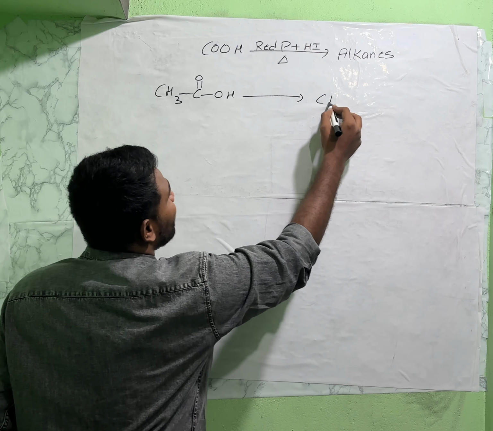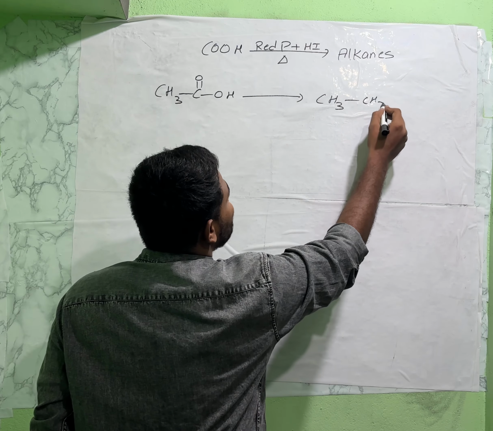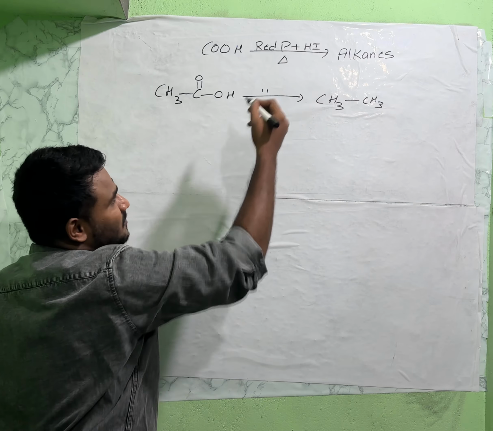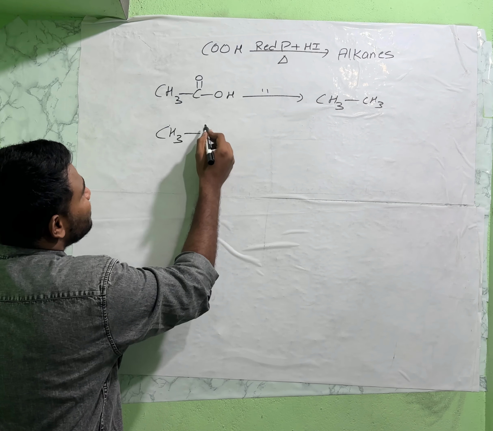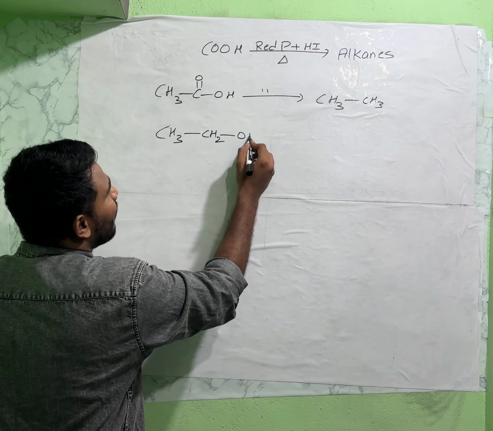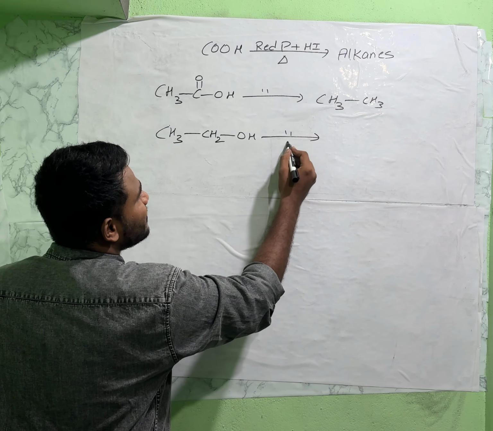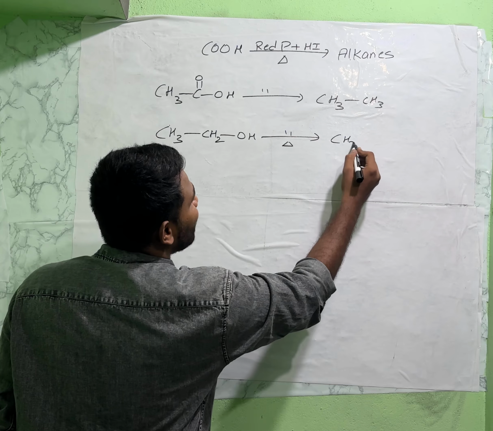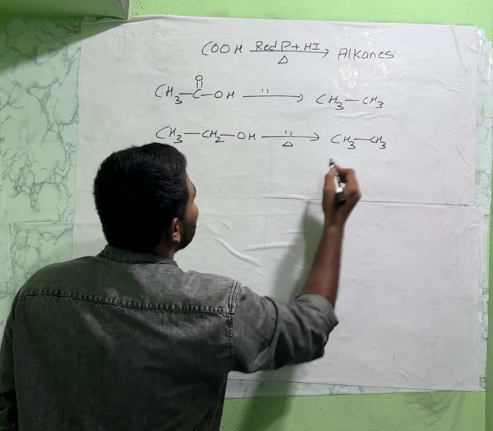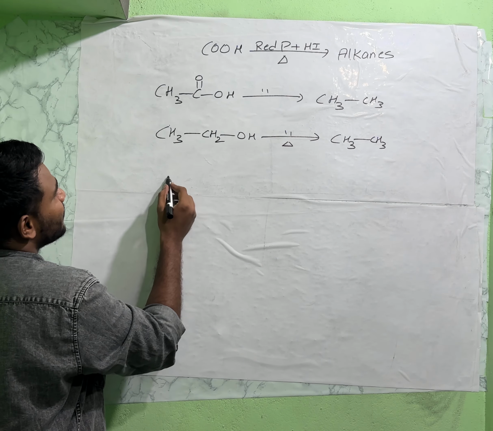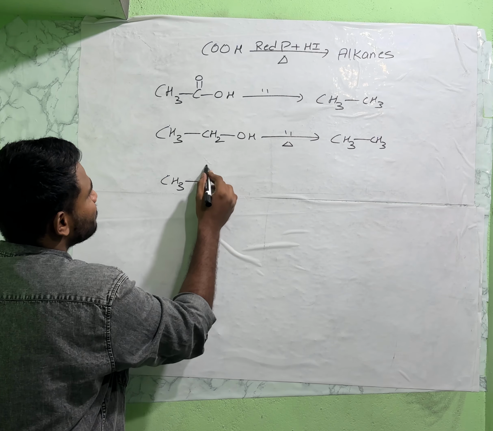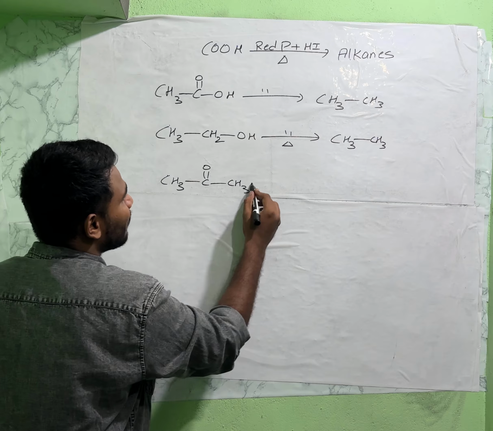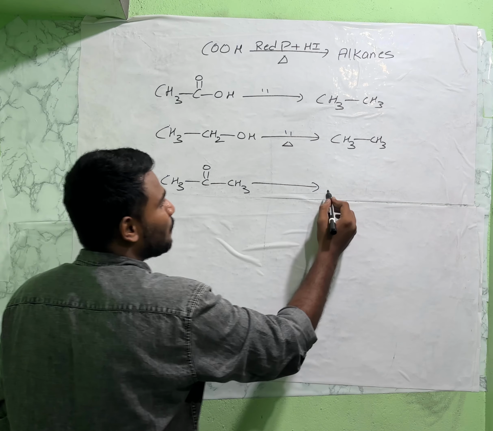Just now we have seen the product, CH3CH3, with the same red phosphorus plus HI in the presence of heat. Take an alcohol, with red phosphorus and HI in the presence of heat, what is the product? CH3CH3. And if you take a ketone, what is the product? Propane.